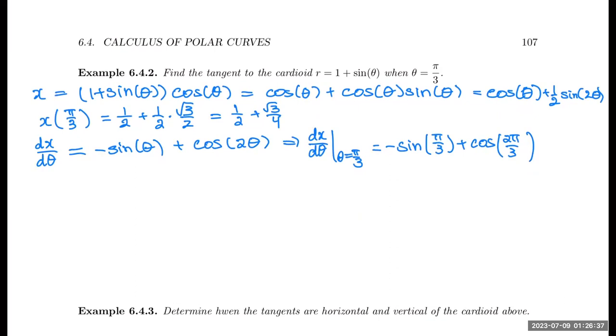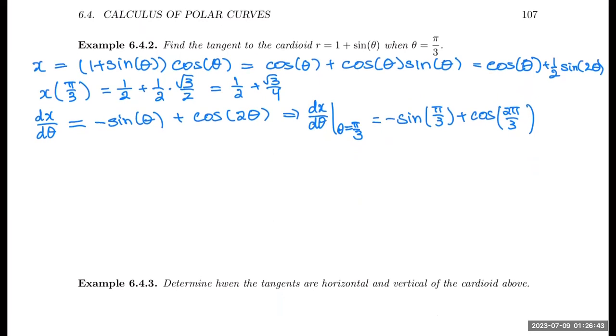And so that means over here, we get negative root 3 divided by 2, and then minus 1/2. Right? Okay, so that's good.